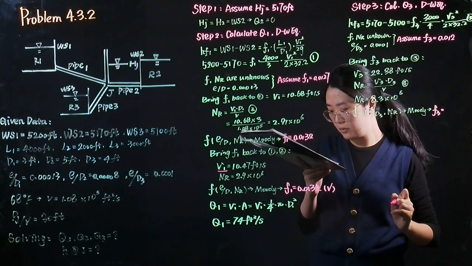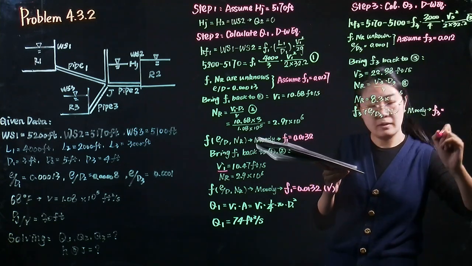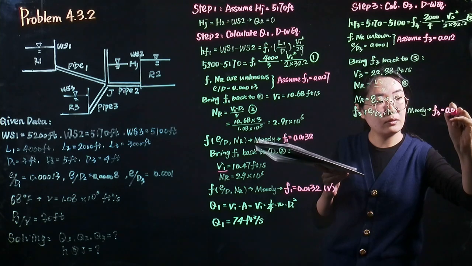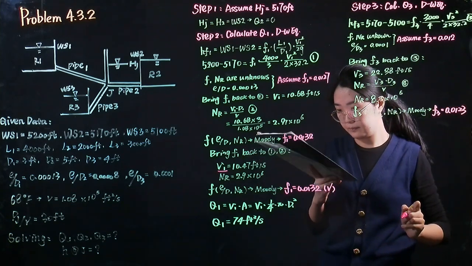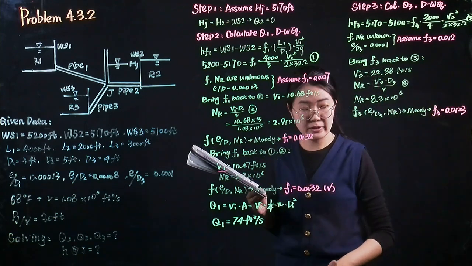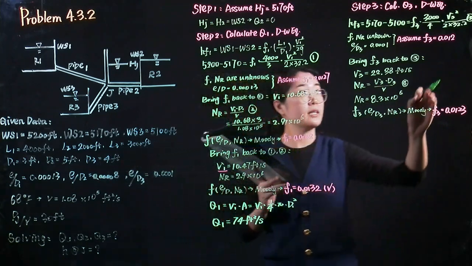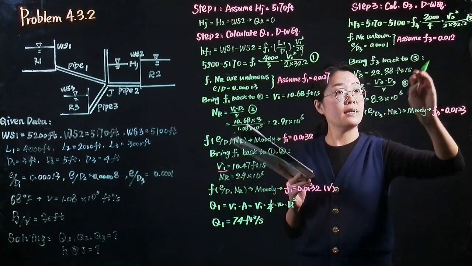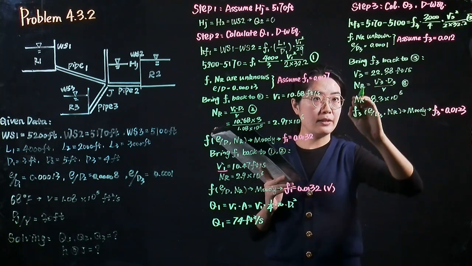It equals 0.0123. Because it's different from our previous friction factor, we need to bring this value back to equation 3 and equation 4 to update the velocity and the Reynolds number.